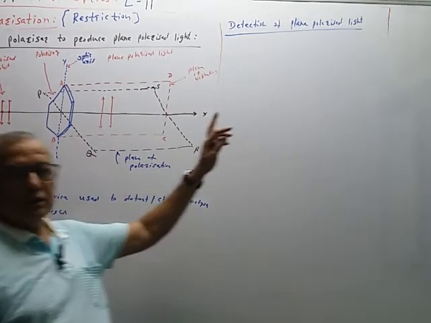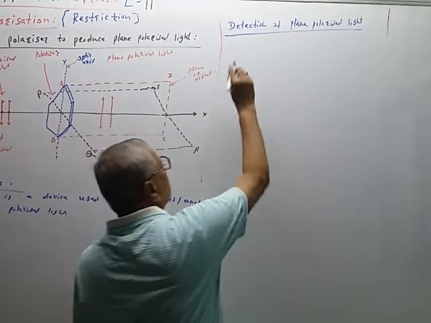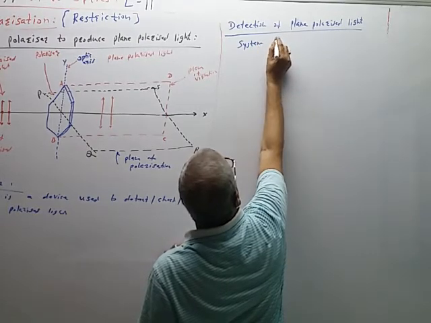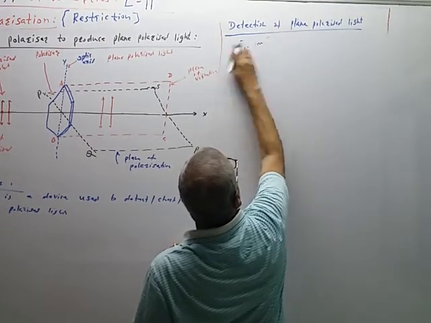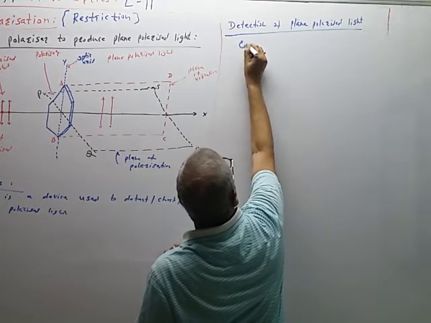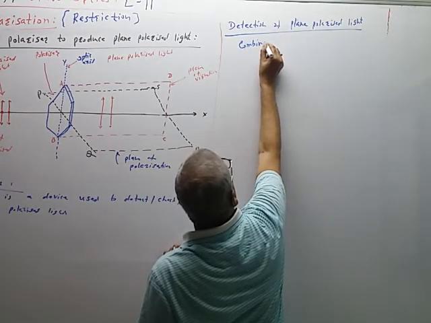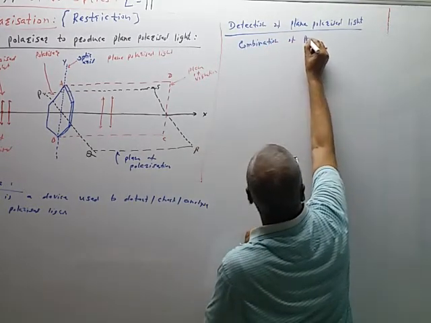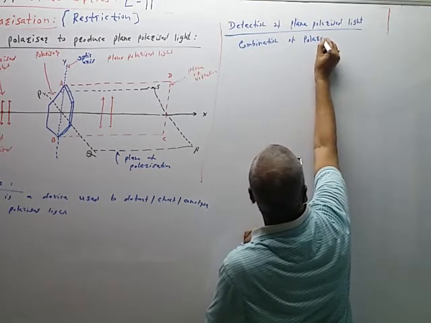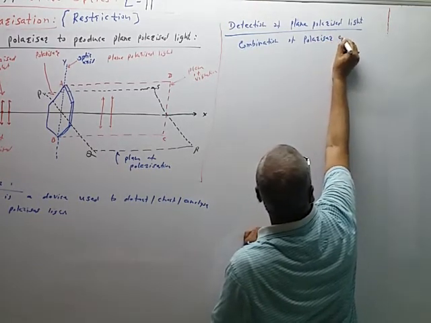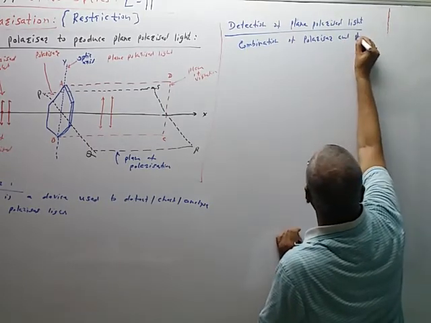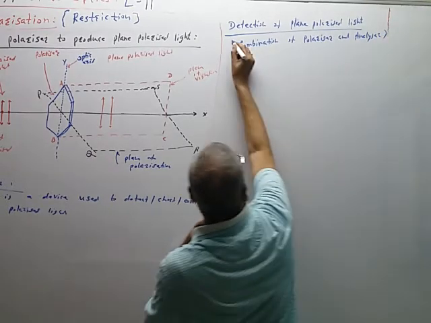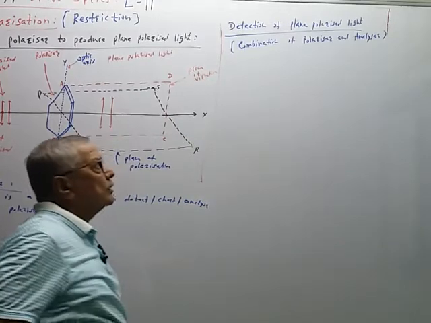So here we are using a polarizer and analyzer system. The system is a combination of polarizer and analyzer for detection of plane polarized light.